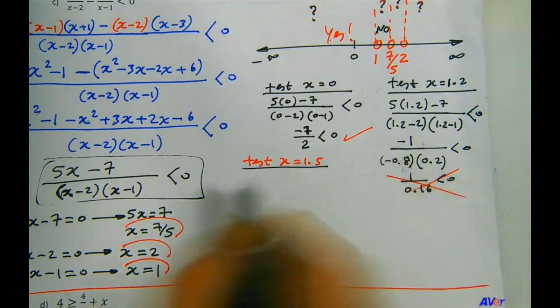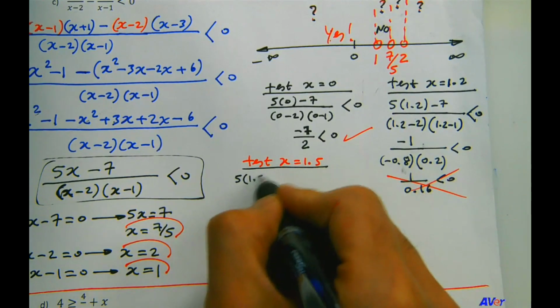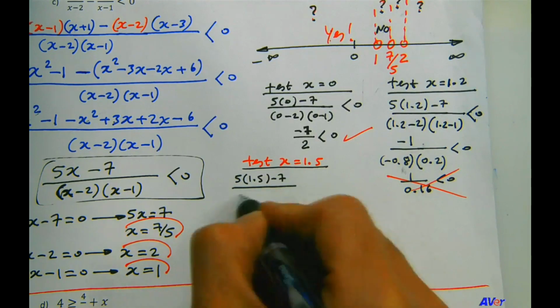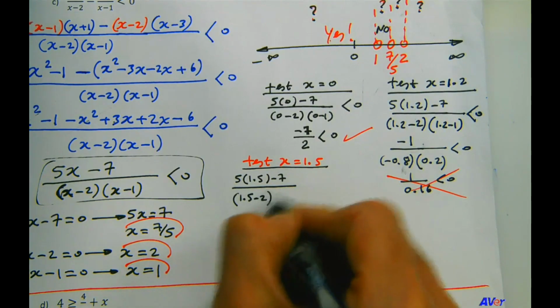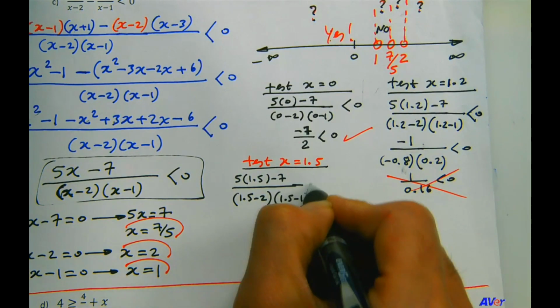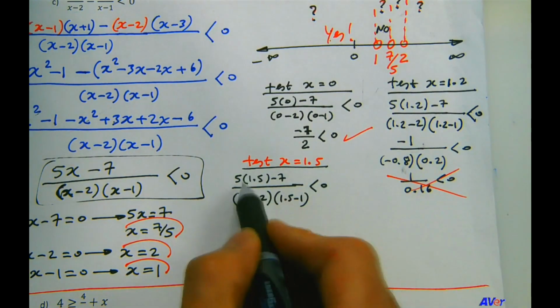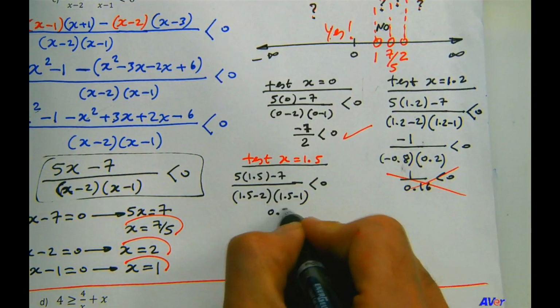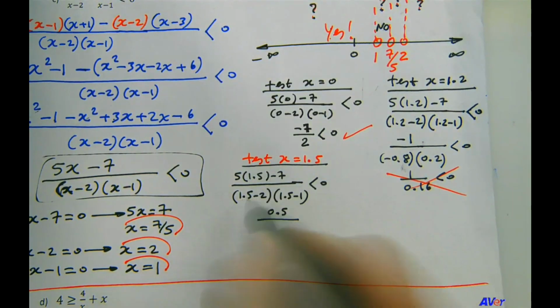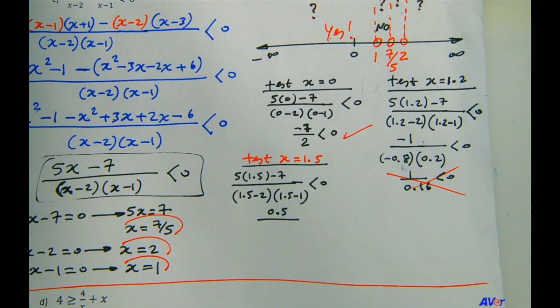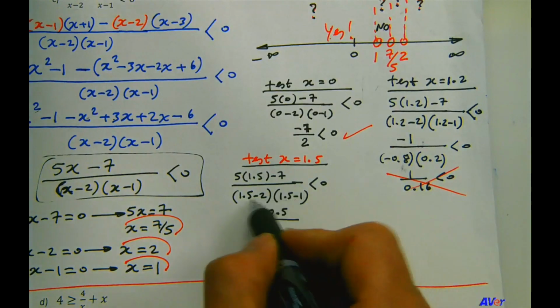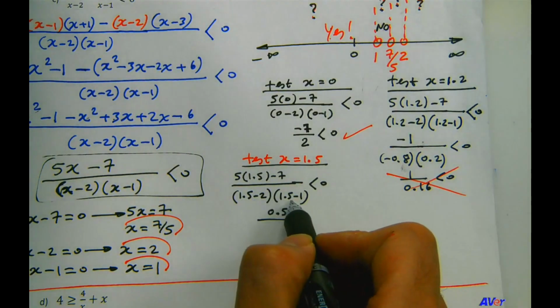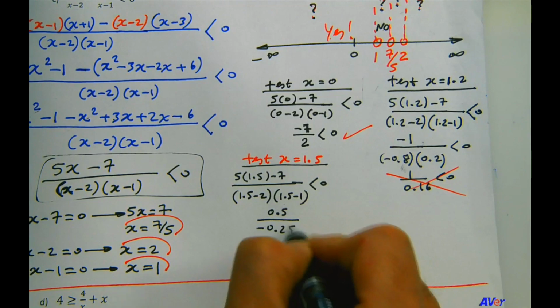Okay, so we're going to plug in here 5 times 1.5 minus 7 divided by 1.5 minus 2 times 1.5 minus 1 less than 0, right? So 5 times 1.5 is 7.5 minus 7, that's 0.5, divided by 1.5 minus 2 is minus 0.5, times 1.5 minus 1 is positive 0.5, it's minus 0.25, less than 0.